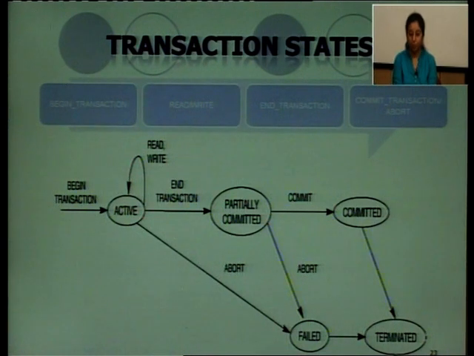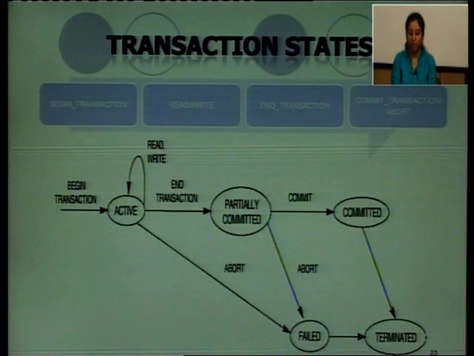Now, these are the states that are based on the previous properties. The transaction states work on these 5 stages. The first one is the active state, then partially committed, then committed, and then failed and terminated.